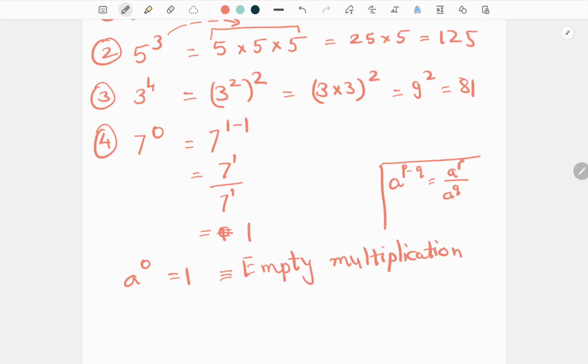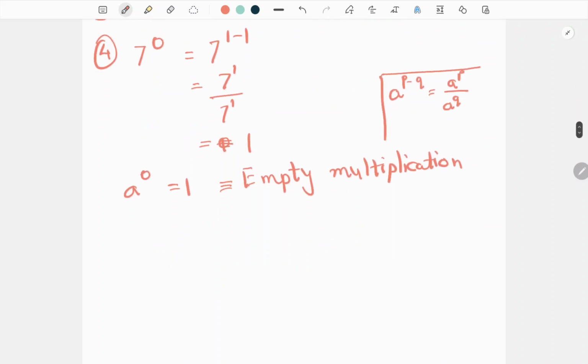A similar analog of this would be an empty summation, where empty summation is 0, because 0 is the additive identity, and 1 is the multiplicative identity. So just like empty addition is 0, the empty multiplication is 1. This is important: a to the power 0 is 1 if a is not equal to 0.